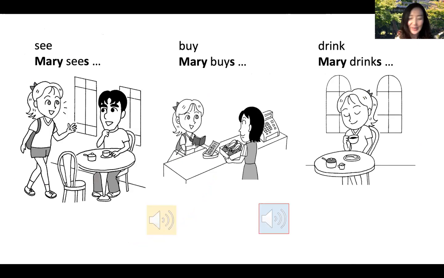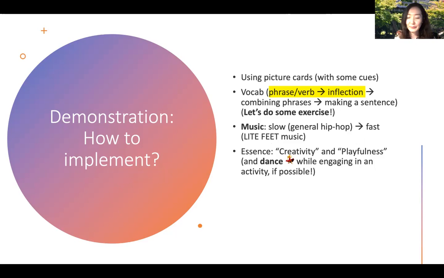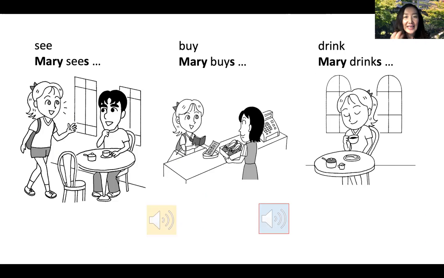All right, so this one is a really very simple picture. You can really create your own activities, but this is for the sake of simplicity. I am using really simple materials, right? So this girl, she is Mary.